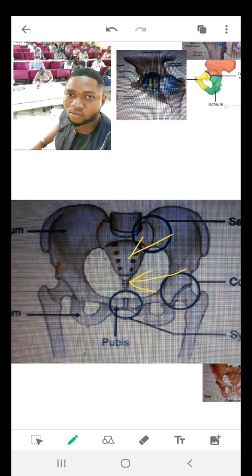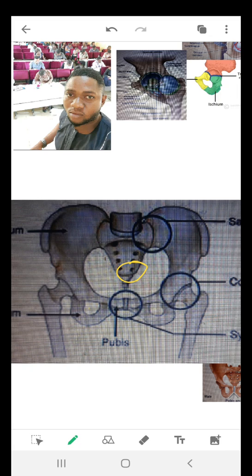So this is the sacrum and this is the coccyx, and there's a joint between the two of them here. The sacrococcygeal joint is a secondary cartilaginous joint.